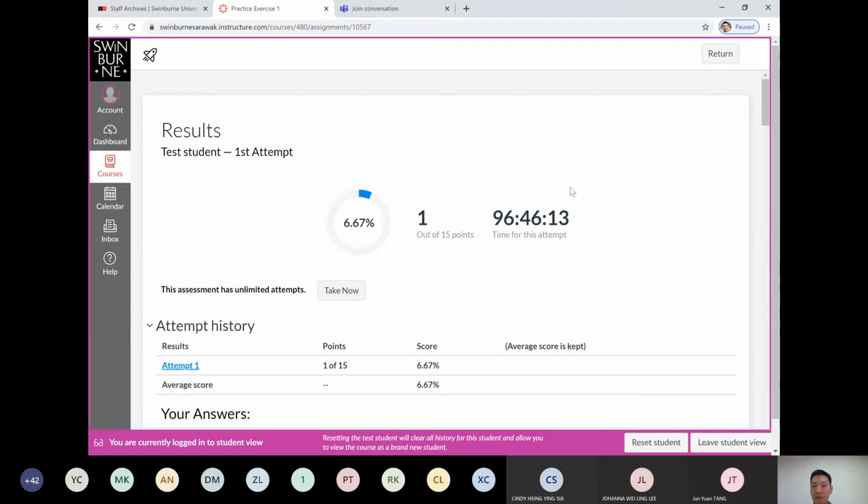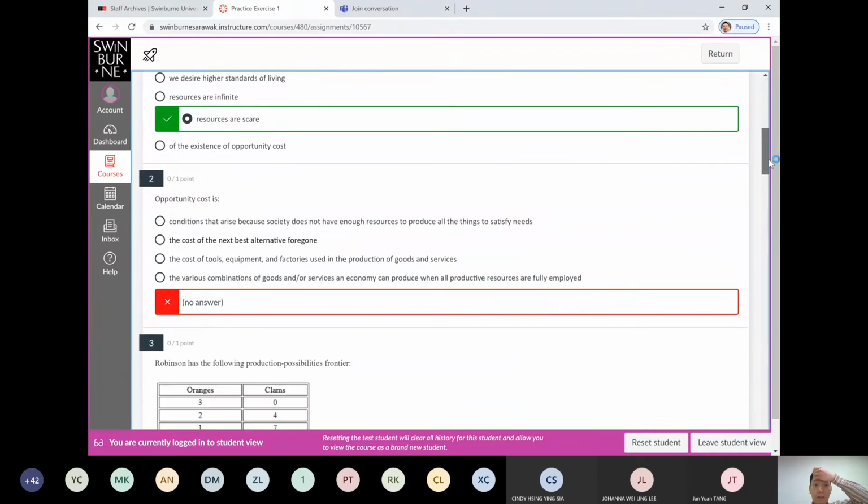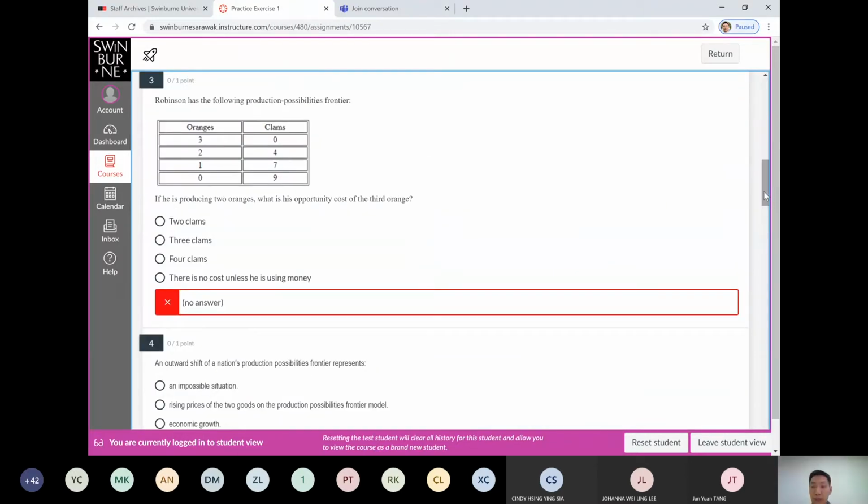And then the time used to attempt this practice exercise is this duration. Anyway, for practice exercise, you can attempt as many times as possible, because this is to help you become familiar and also do revision for the first 4 chapters.